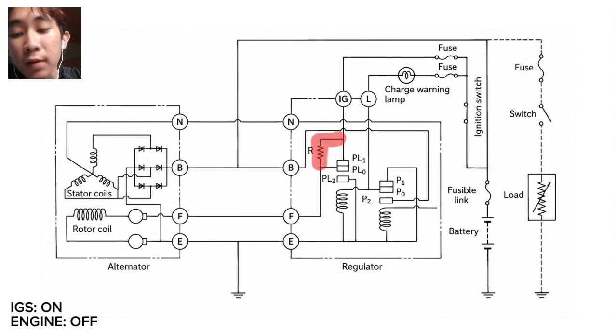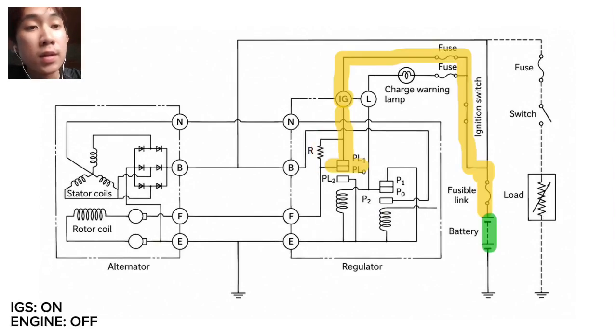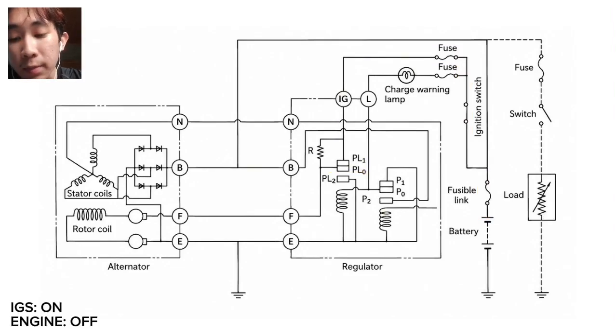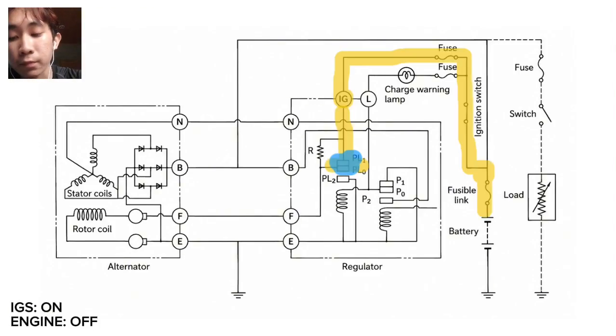Now, the current does not flow to the resistor because the current flows into the easiest path that it can, so it chooses the PL0. So in this condition, the PL0 is engaged or attached to the PL1.